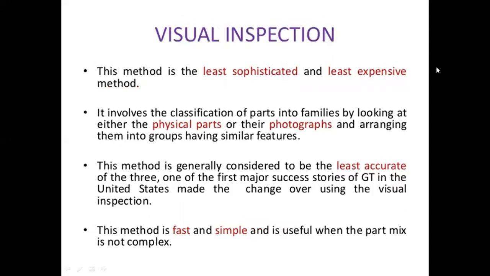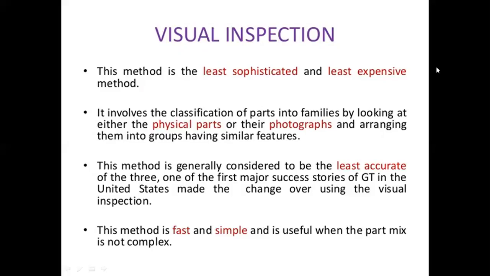Coming to the first method, visual inspection, as you know it is the least sophisticated and least expensive method. It involves classification of the parts by looking physically at the parts, or by taking photographs and arranging groups depending upon their similar features.